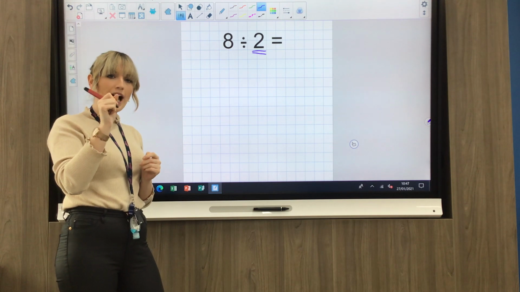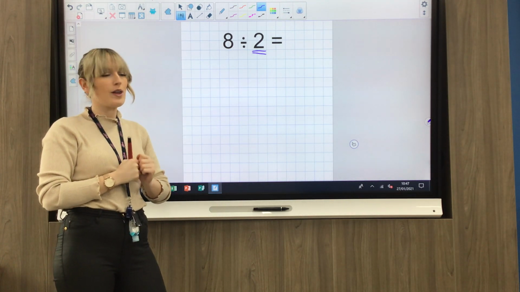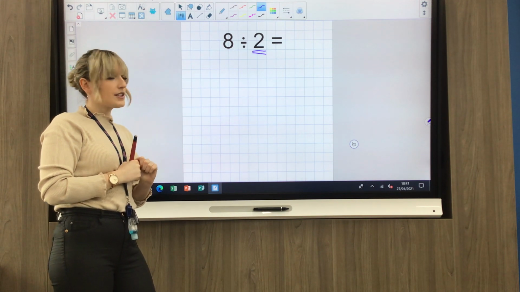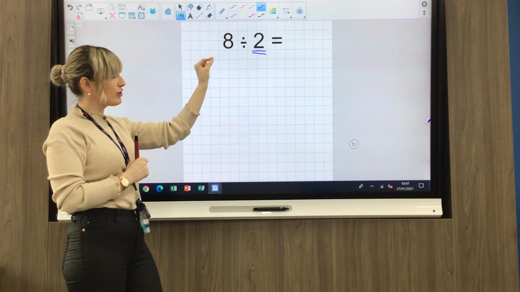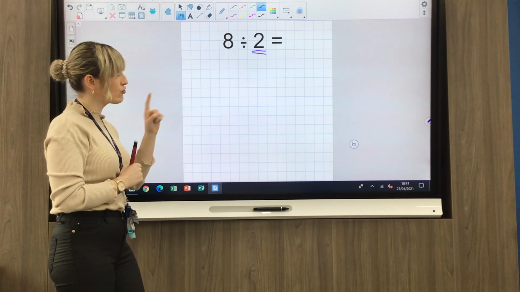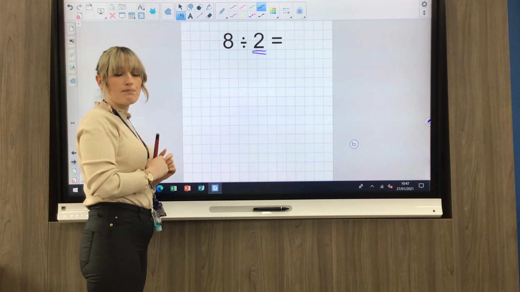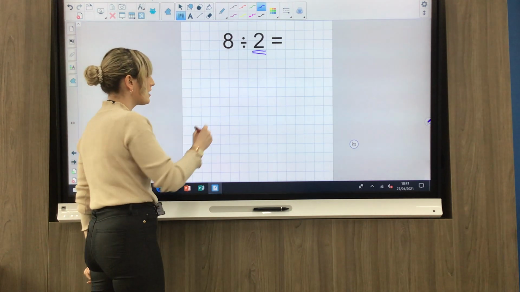Make sure you've got your whiteboard pen and your whiteboard and you're drawing and counting with me. Imagine I've got 8 sweets and I'm seeing how many groups of 2 I can make. I'm going to draw 8 sweets, but I'm going to make sure I'm putting them into groups of 2. Okay, are we ready?